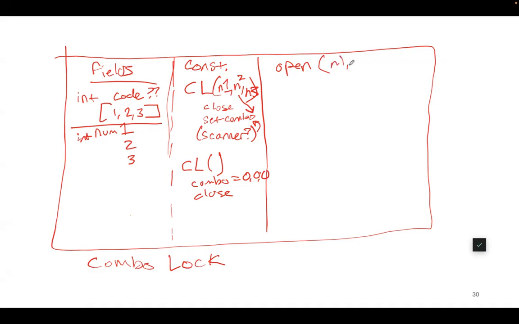And so open, what does open need to do? It gets in the code, but what if the code is 1, 2, 3 and I'm given 4, 5, and 6? Do I open it? No. So what needs to happen? Ifs, yeah. I need to check this against the fields.